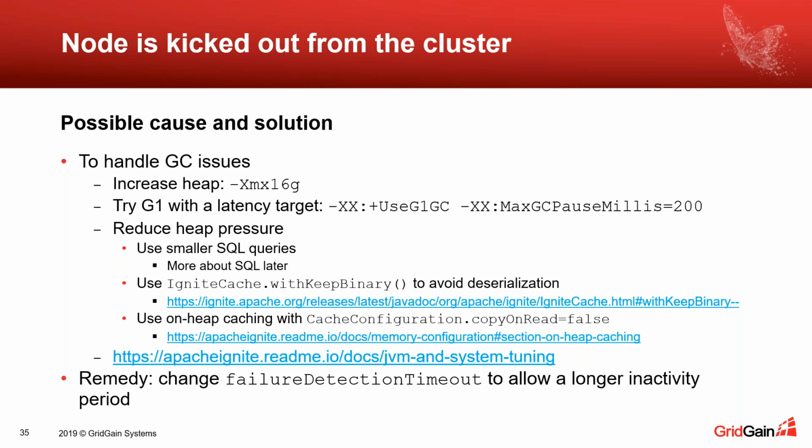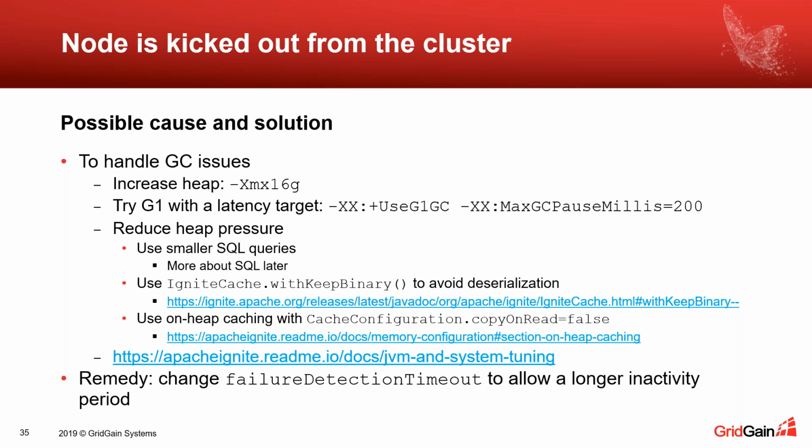First, you can try to use smaller SQL queries and query less data each time, which will usually help, as SQL is one of the most important users of Java heap in Ignite clusters. We will talk more about tuning SQL a bit later.